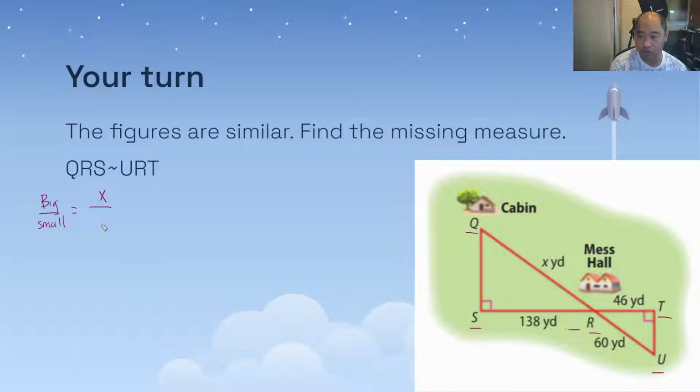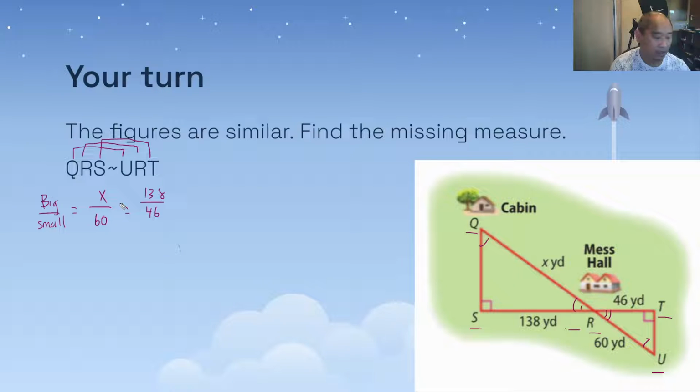So x is going to be a ratio of x over 60, and then the next ratio will be 138 to 46. And remember that these are the corresponding angles. If you get confused about which one is which, Q is corresponding to U, R is corresponding to R, and then T is corresponding to S. And you can see these are both right angles.